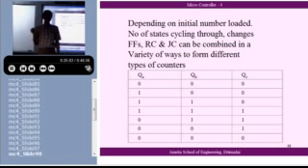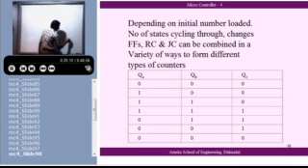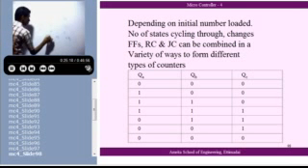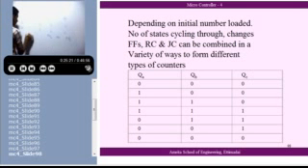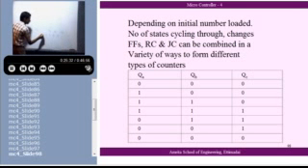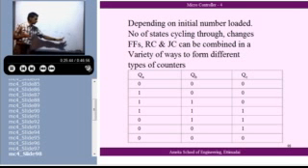Now, to come to the point that you are making, the simplest application of a ring counter is this. Suppose I take 10 flip-flops: flip-flop 0, flip-flop 1, flip-flop 2, up to flip-flop 9. 10 flip-flops. I load here 1, 0, 0, and so on: 1, 2, 3, 4, 5, 6, 7, 8, 9, 10.